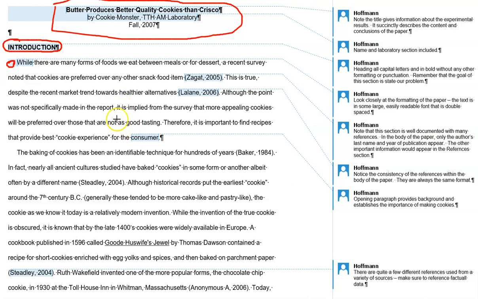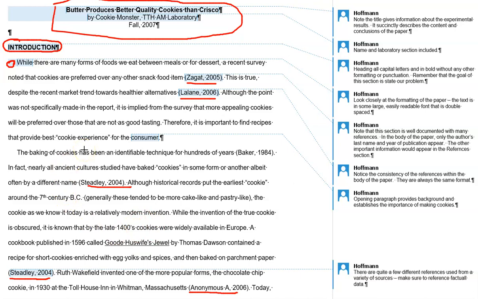Note that the section is well documented with references. So even though you don't need a reference list, anytime we have scientific information or background information, we have the references. There's not all of them, but underline many of the references that we have.